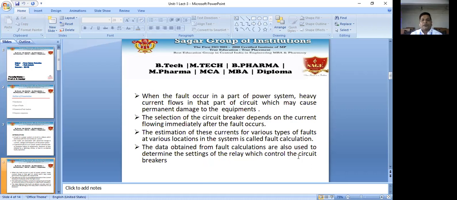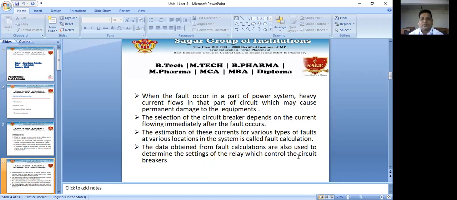When a fault occurs in a part of the power system, heavy current flows in that part of the circuit, which may cause permanent damage to the equipment. The selection of circuit breaker depends on the current flowing immediately after the fault occurs.